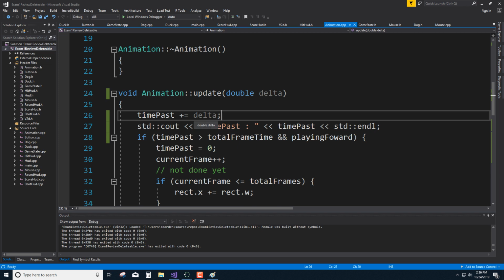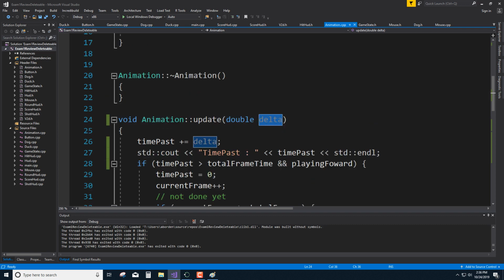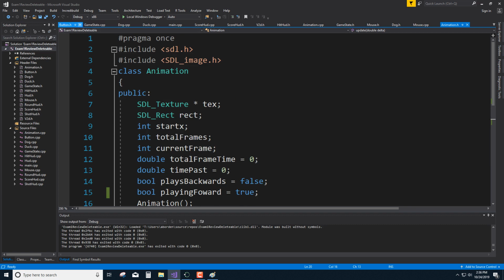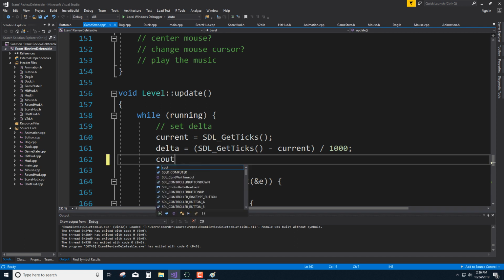Now, why is it not updating? Do I have bad math back here at delta? We go to our game state. So I'm going to do that same thing here. Let's cout delta.